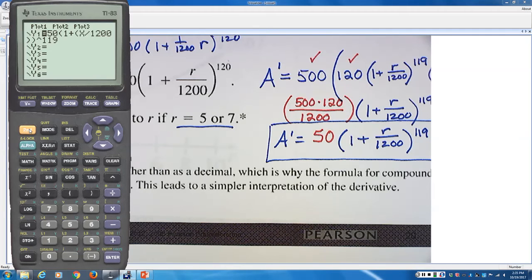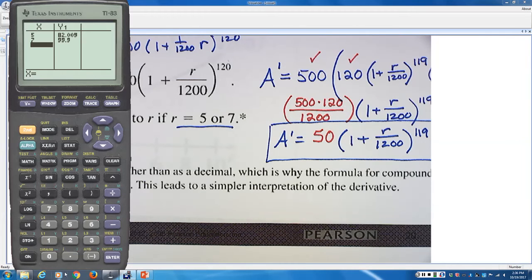And then you can either go to the home screen or you can set your table up and have it ask. So if we go to the table now, if I say, what if X is 5, because 5 is my interest rate, and it says, well, it's $82 and less than a penny. Not a penny. And if it's 7, then it's $99.90. Almost $100.